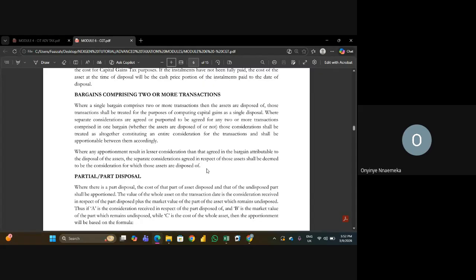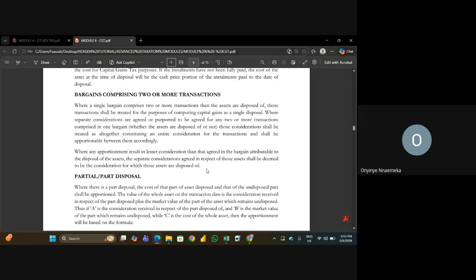I don't want to call the figure that will remain. You divide that remaining figure by 3. If you divide it by 3, maybe because of approximation or rounding error, when you add it back, it will no longer give you the amount it's supposed to give you. Then don't divide it. Use it and tax it as the whole figure. That's what they're trying to tell you. The moment it will result in a lesser consideration, that is, the money will reduce, don't divide it. Use it as a whole.